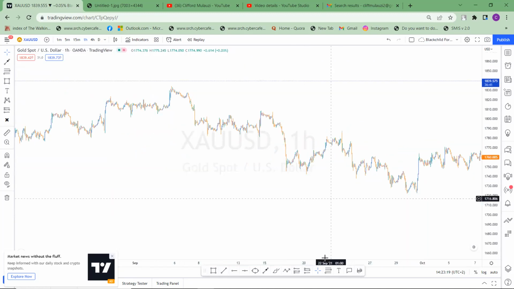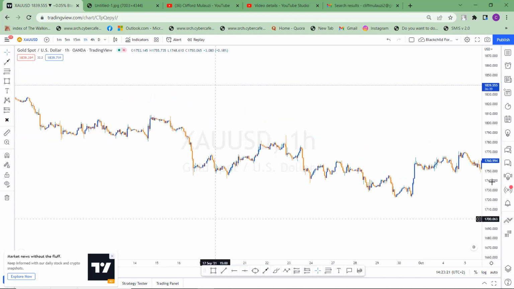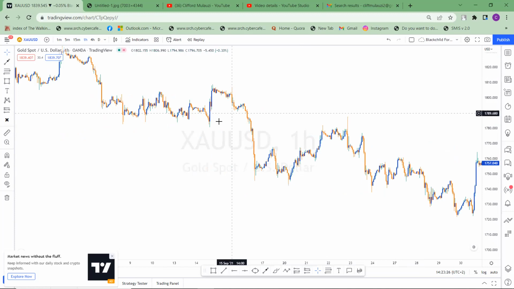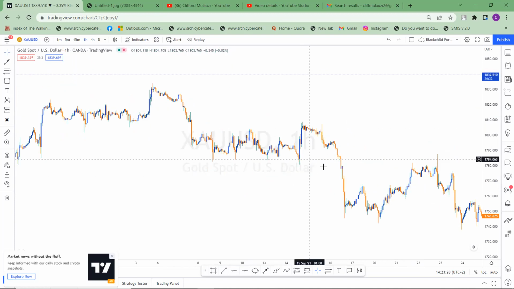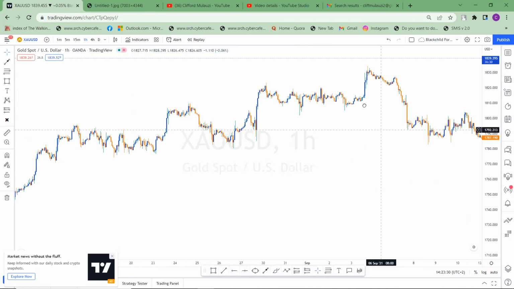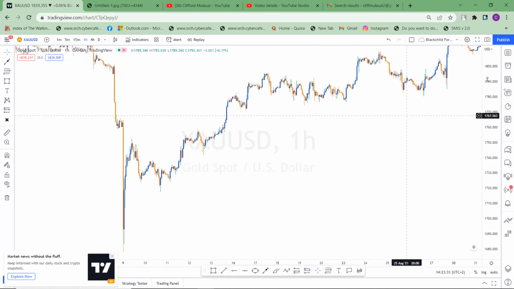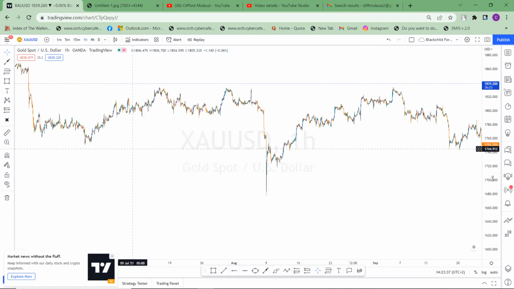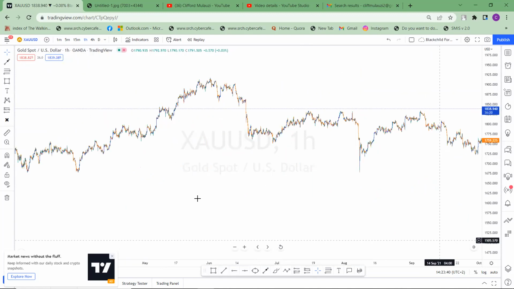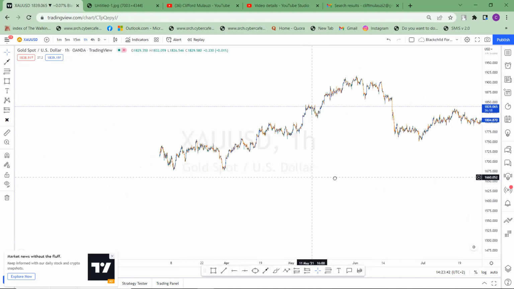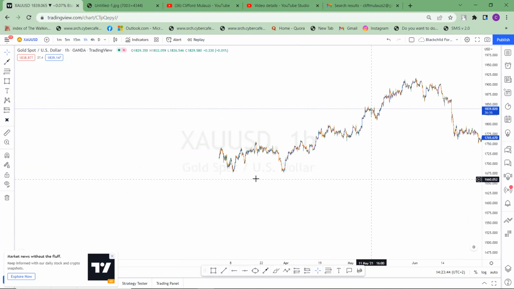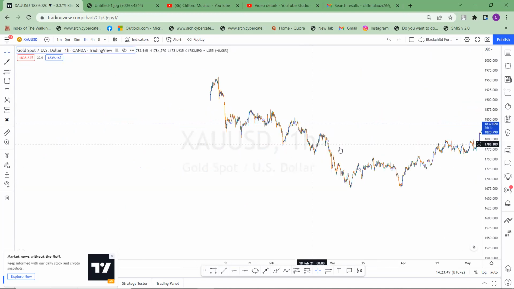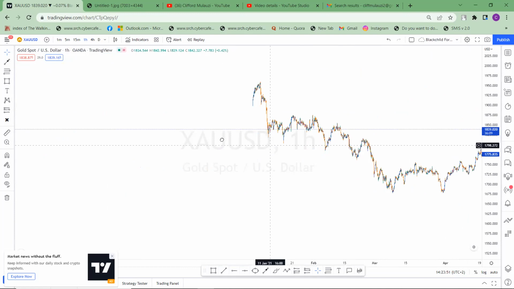I'll just give a last example of how you can identify an order block. Those are the two ways on how you can validate an order block to be traded successfully.